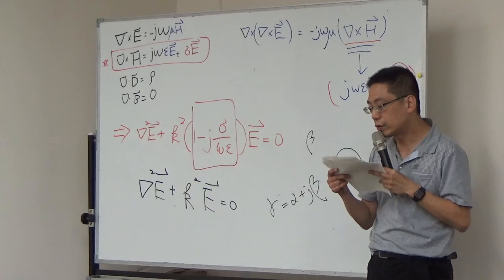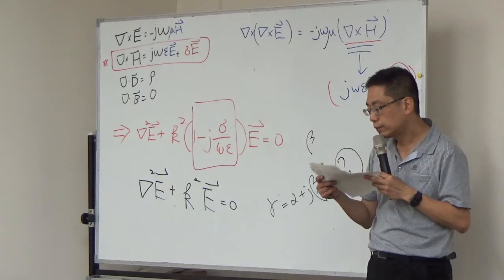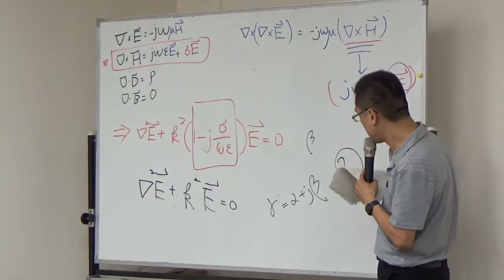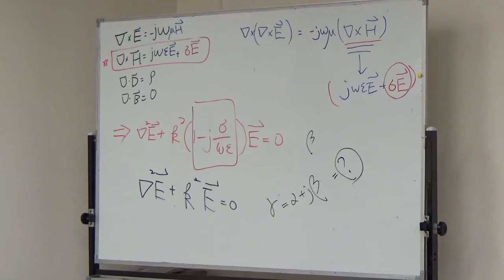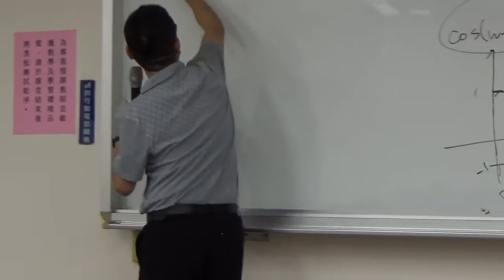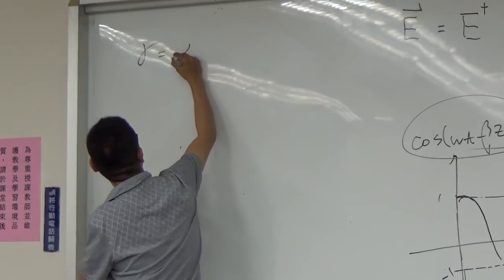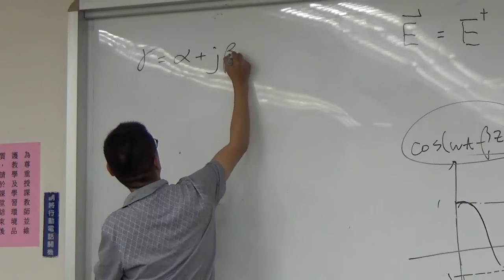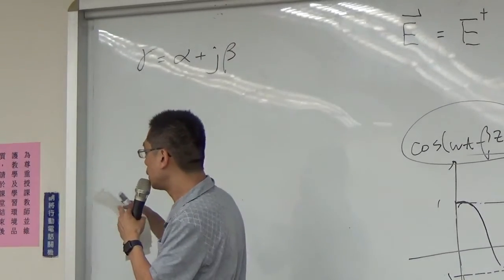What you are going to do is, if alpha is 0, gamma equals alpha plus j beta. Okay, this is our definition.